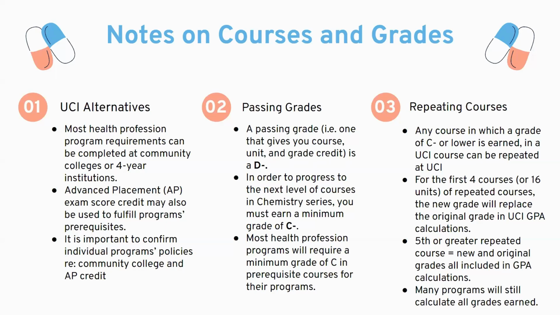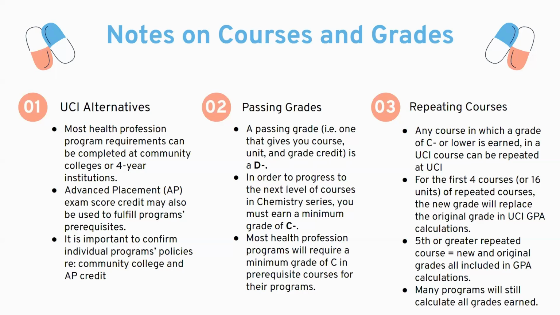Okay. And speaking of repeating courses, any course in which a grade of C minus or lower is earned in UCI can be repeated at UCI. Okay. And so for the first 4 courses or 16 units worth of repeated coursework that a student completes, the new grade they earn will replace the original grade in how UCI calculates GPA.